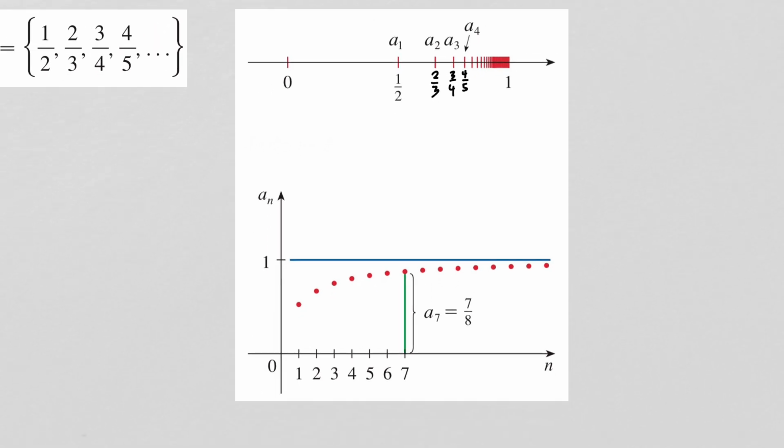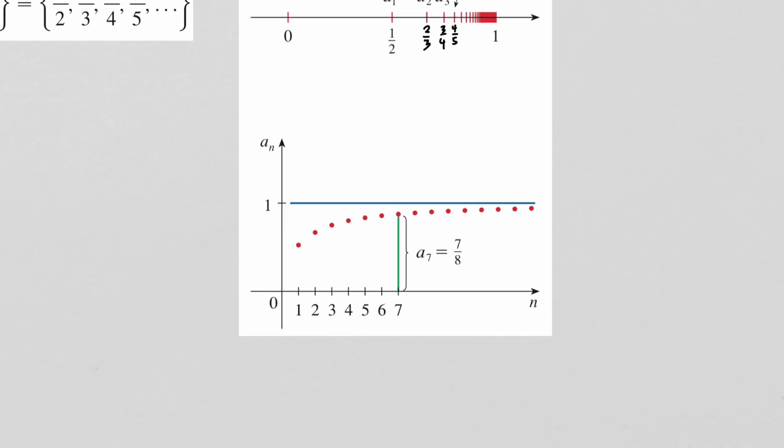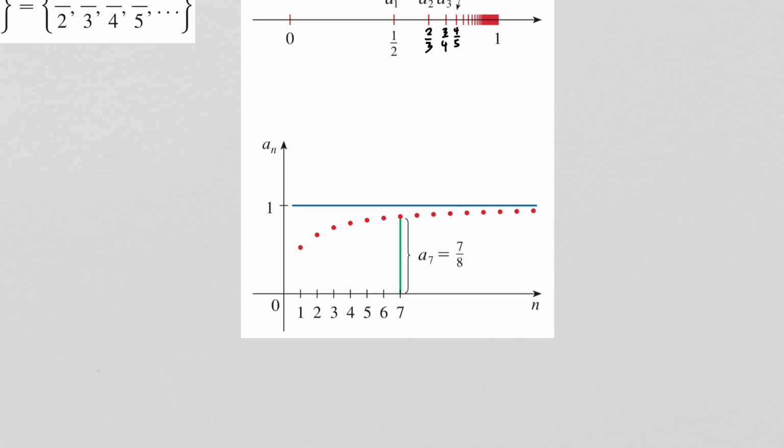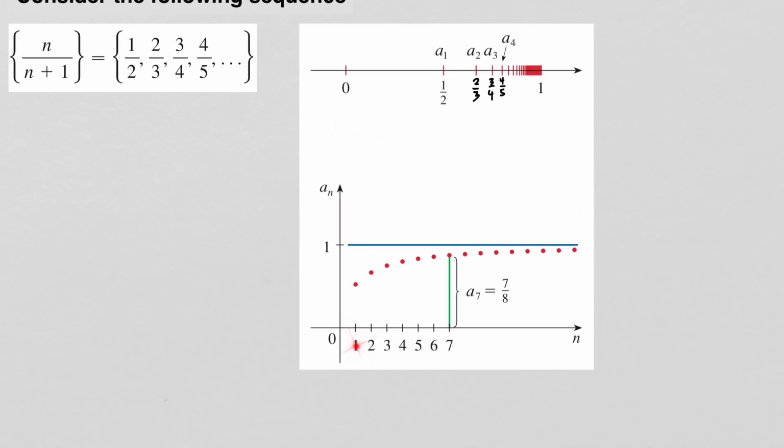Now there is another way to look at the terms of a sequence, and that is to actually graph it like you would graph a function. So for example, when n equals 1 down here, the value of the sequence is 1/2. And so this value right here on the y-axis corresponds to 1/2. When you plug in 2, you get 2/3.